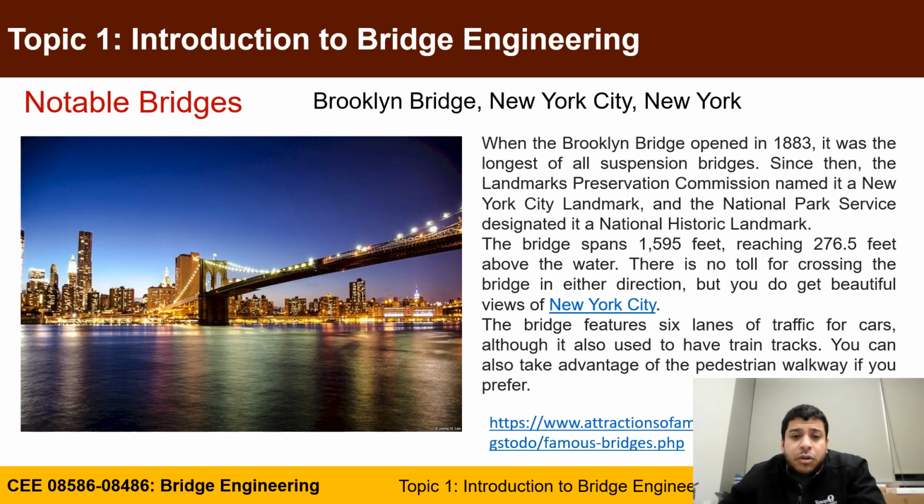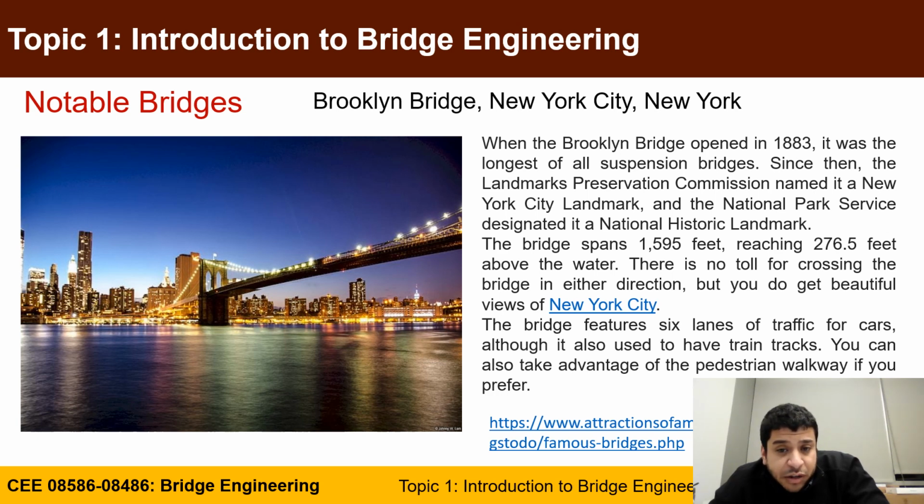There are some notable bridges that you can see here. I selected just 5 to show you that bridges can be really nice and can provide aesthetics through different structures.